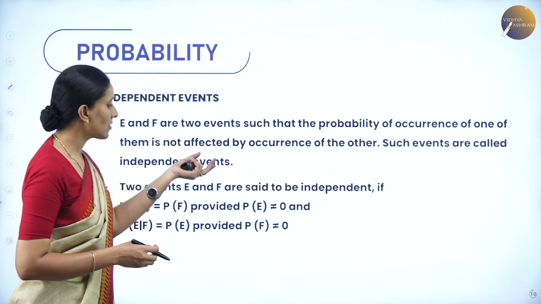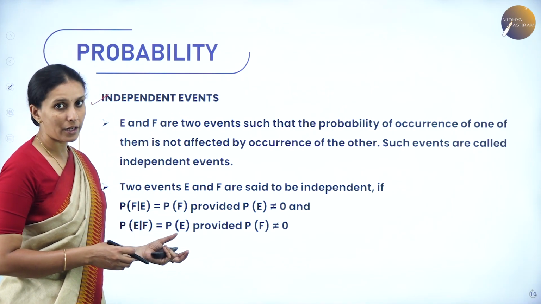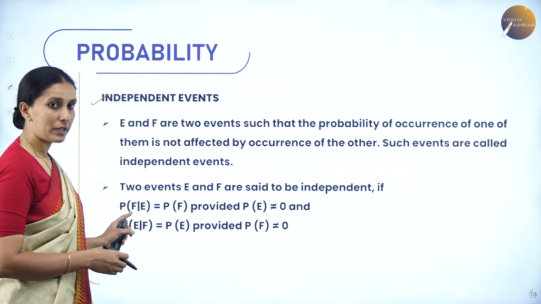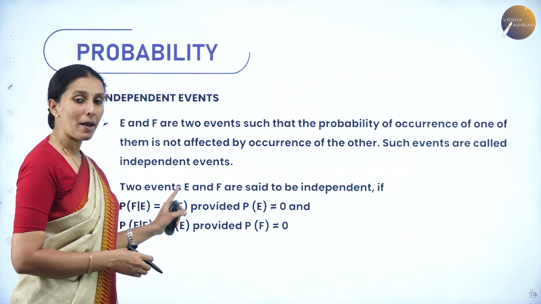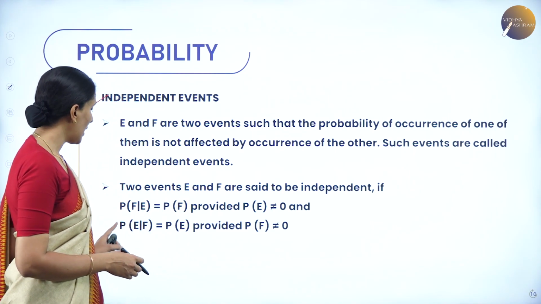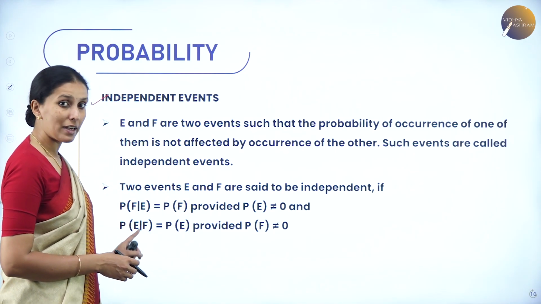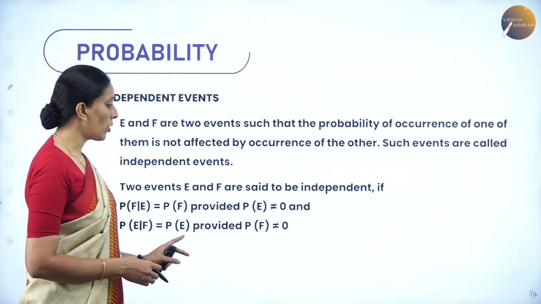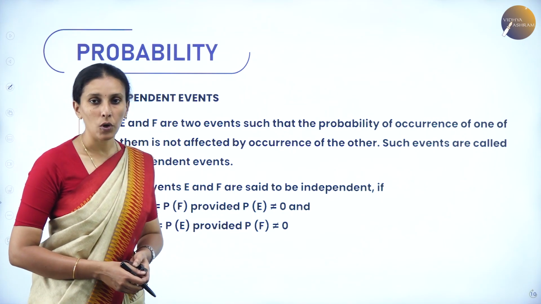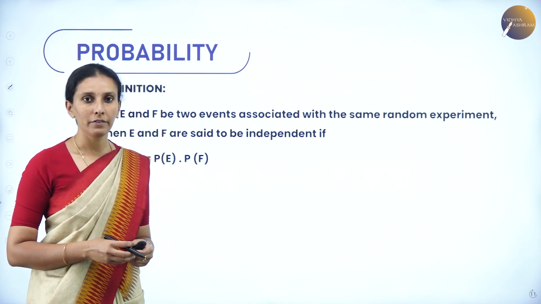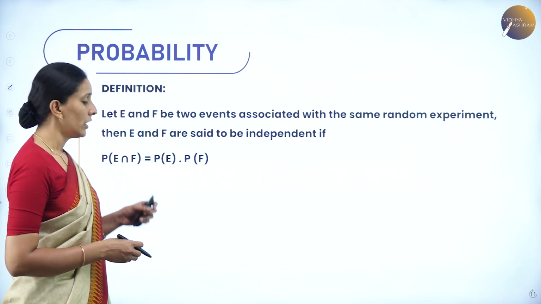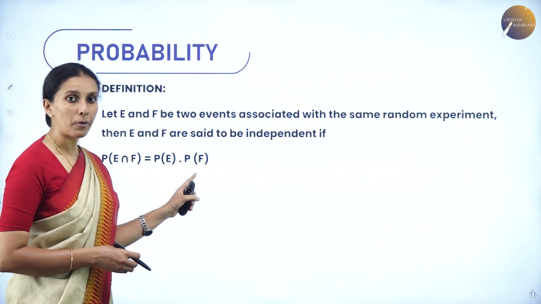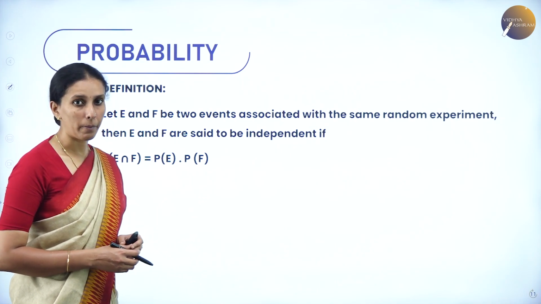If we extend this concept irrespective of the conditional probability, we get the probability of F given E has happened is the same as probability of F. And if we consider probability of E given F has already occurred, it is the same as probability of E, provided they are non-zero probabilities. In other words, using the simple definition, the probability of occurrence of simultaneous events is the product of their respective probabilities.